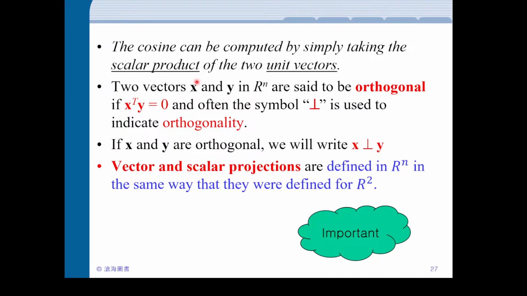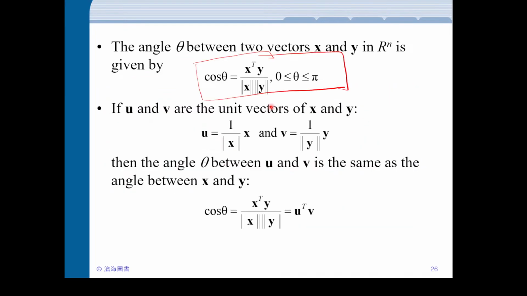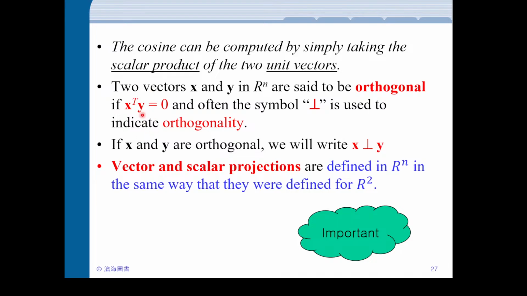And then we can also have the concept of orthogonal: when theta equals pi over 2, cosine theta equals 0, and that's when x inner product y equals 0. Sometimes we use the perpendicular symbol to mean the vectors are orthogonal, and we'll write it this way: x perpendicular y means x inner product with y equals 0.